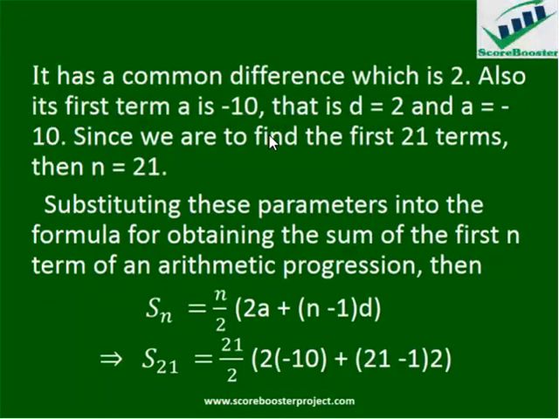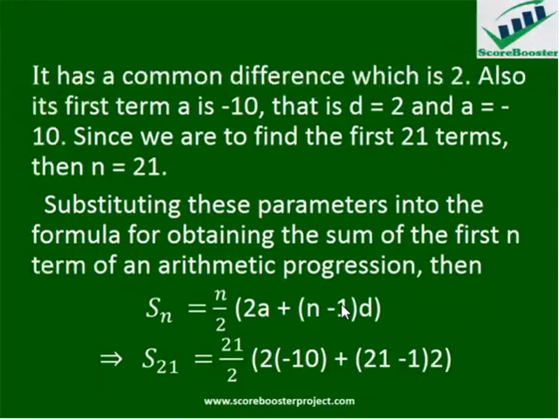In this question, we are given the first term A, the common difference D, and the number of terms N. So we know that we are going to use the first formula for obtaining the sum of an AP, which is S subscript n equals n over 2 multiplied by 2A plus n minus 1 multiplied by d.